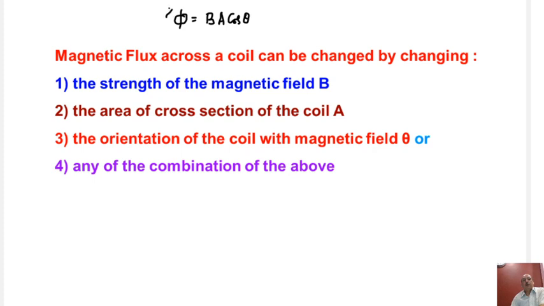So this flux can be changed by changing the magnetic field, by changing the area, or by changing the angle between the magnetic field and the area, that is theta, or any combination of effects. It means you may change together B and A, B and theta, A and theta, or all three. So flux may be changed by these four conditions.